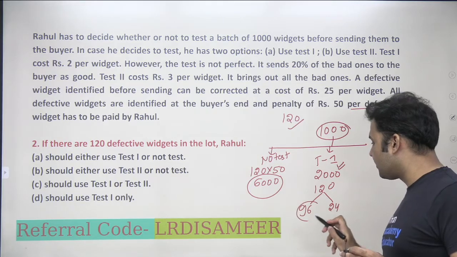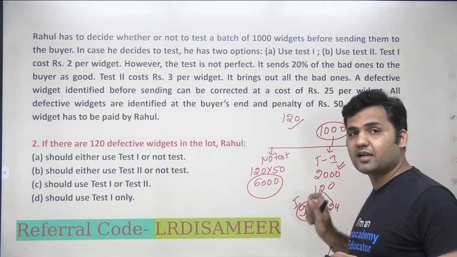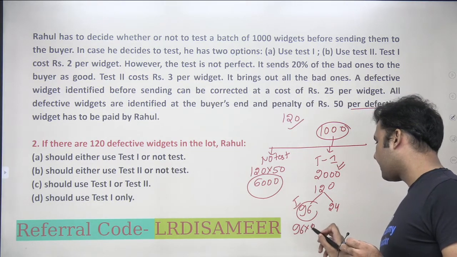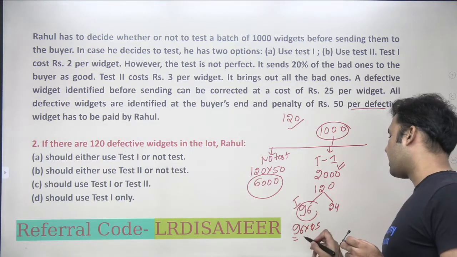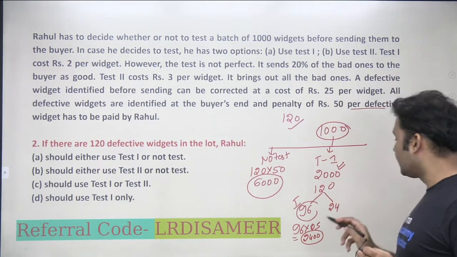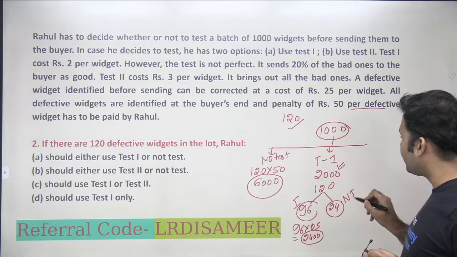For the widgets which are identified, you will be spending a correction amount. So 96 into 25, the total will be 2400. So in total you will be spending 2400 on correction, and you will be paying a penalty on these 24 which are not identified under test 1.